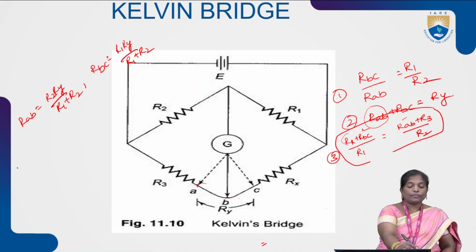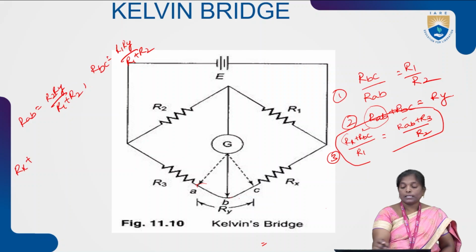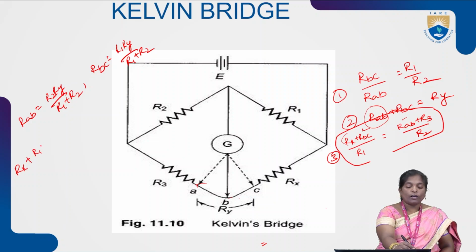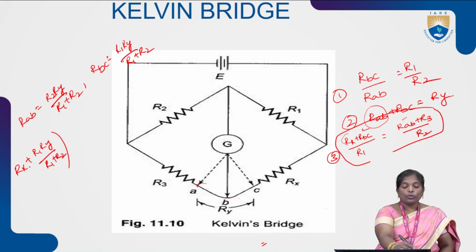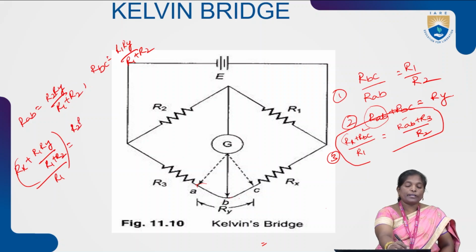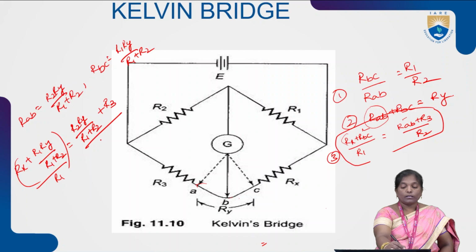Then we have Rx plus RBC, in place of RBC take R1 RY by (R1 plus R2), whole divided by R1, equal to RAB. RAB means R2 RY by (R1 plus R2) plus R3 by R2.